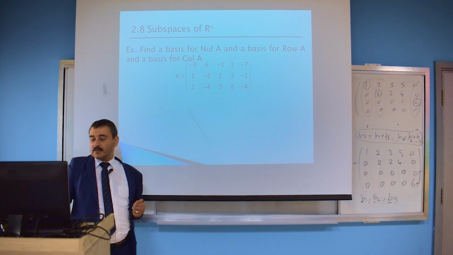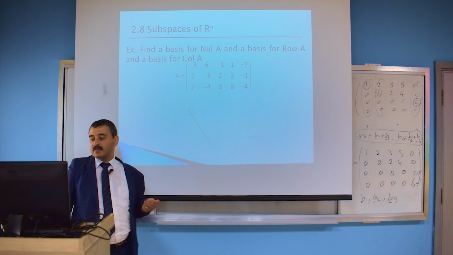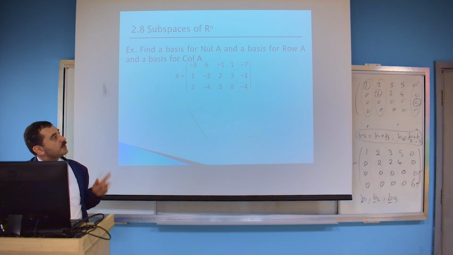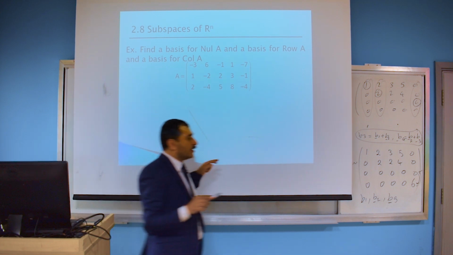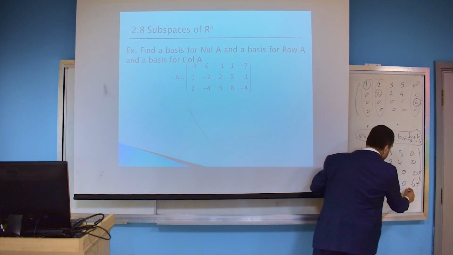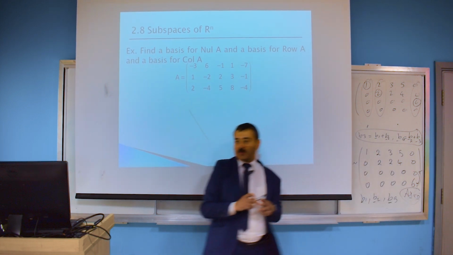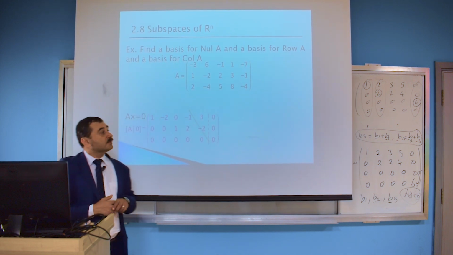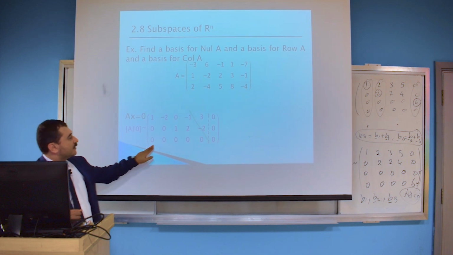So if this is your matrix A, and I want to find basis for null space, row space, and column space. To do this, first to find the null space, as we said before, you are going to solve the problem of AX equal to 0. Right? So you solve this problem first. After reduction, you will get this matrix.